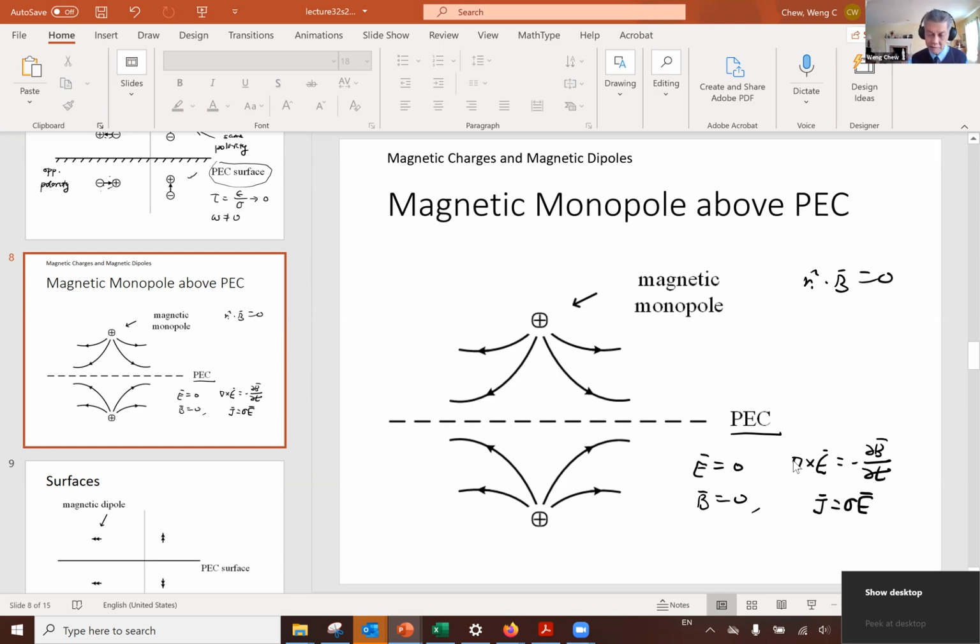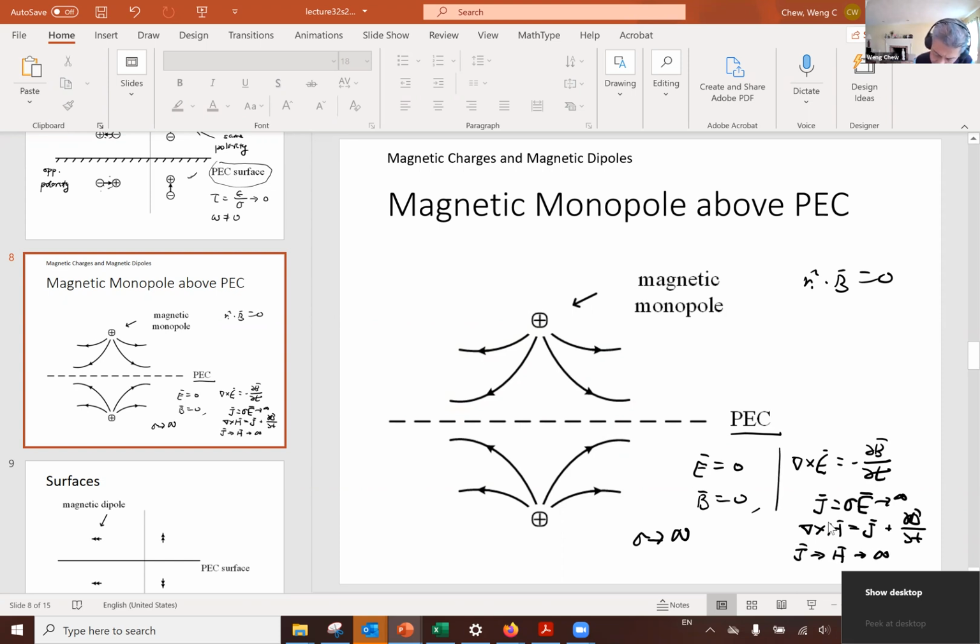And if it produces an electric field, then there would be a current flowing in this conducting medium. But we are assuming that sigma goes to infinity. Sigma is infinitely large. So a small amount of electric field will produce an infinitely large current. And then by Ampere's law, the infinite current will produce a magnetic field. So this goes to infinity, and then J would produce an H that goes to infinity.